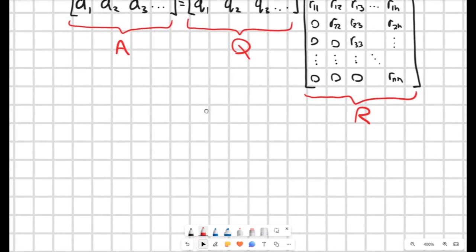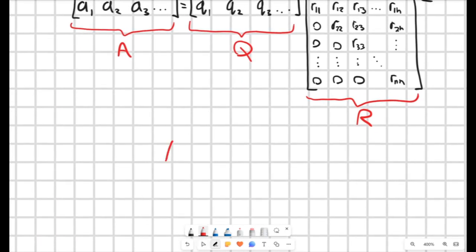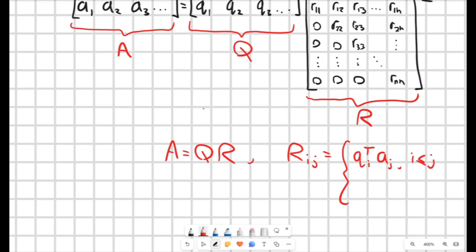So finally, what we have is that A is equal to Q multiplied by R, where the elements of R are defined by saying that Rij is equal to Qi transposed Aj for the case where i is less than or equal to j. So this is defining the upper triangular part of the matrix, and it's equal to 0 otherwise.